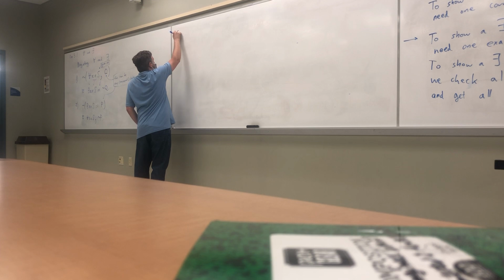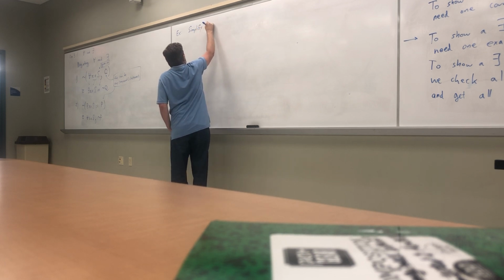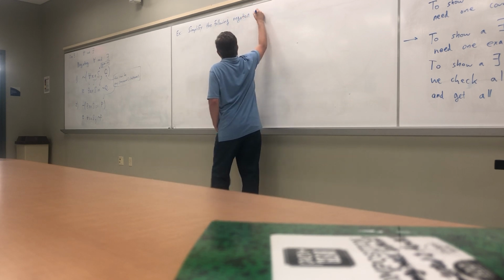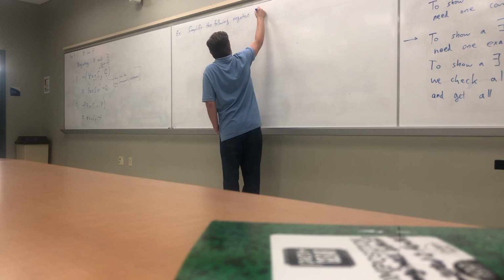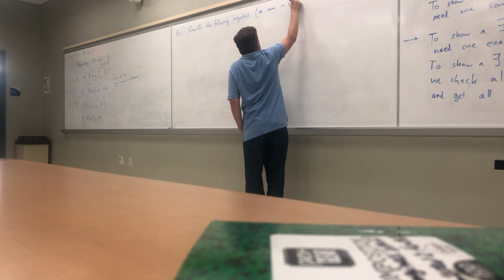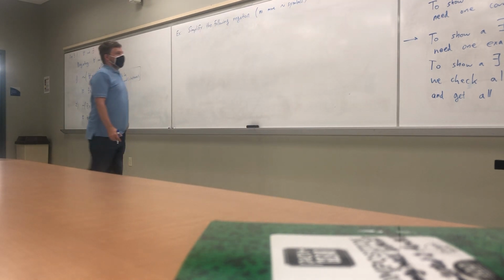So, for an example, the question could be asked like this: simplify the following negation. By simplify, I could say, make sure you don't see any not symbols. Just like before, simplify it so there's no more not symbols anywhere.